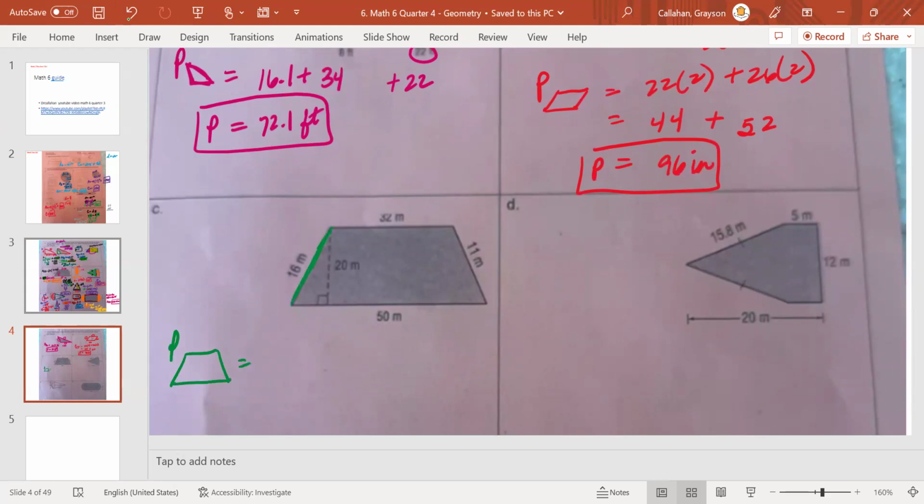This side is what? Plus this side is? 32. This side is? And this entire side is? Okay, so 16 plus 32 plus 11 plus 50. What does that give you?